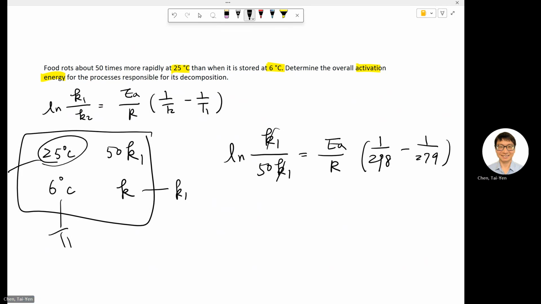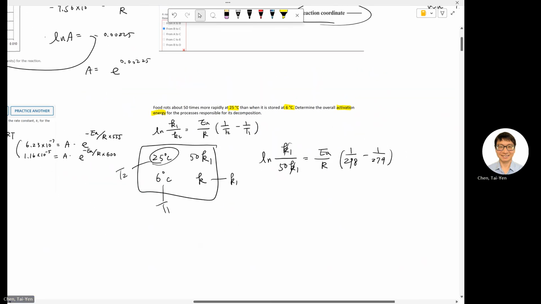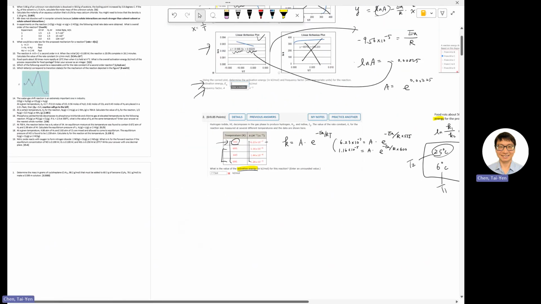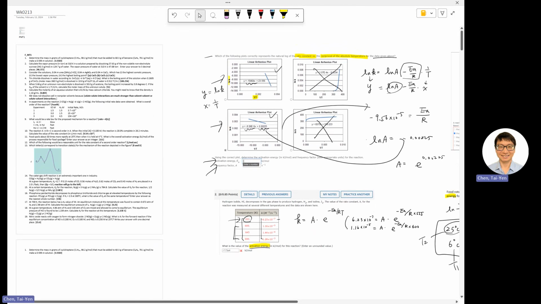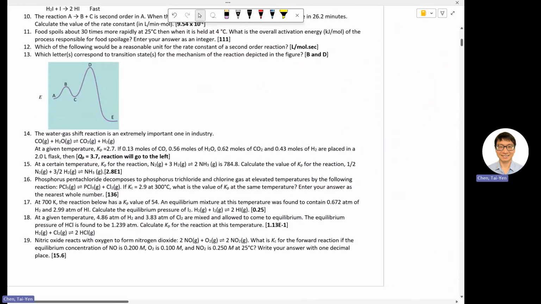All right, any questions so far? If not, we can go back to our handout. We have 19 questions here, and they compose 3 sections.